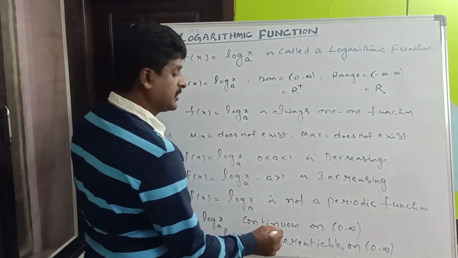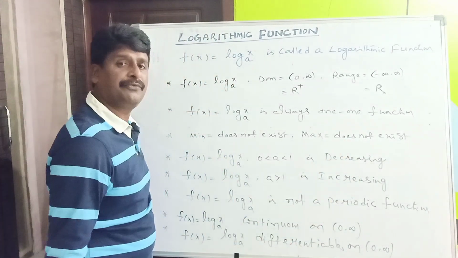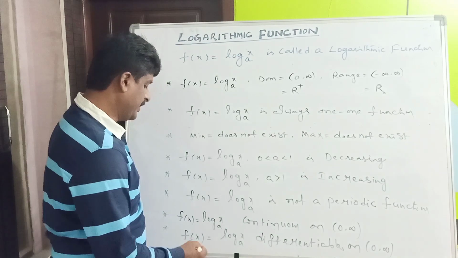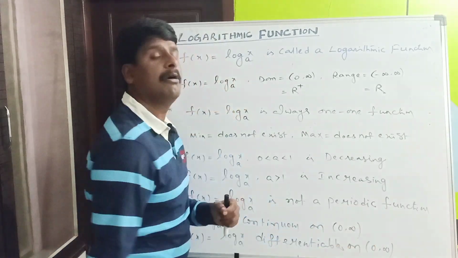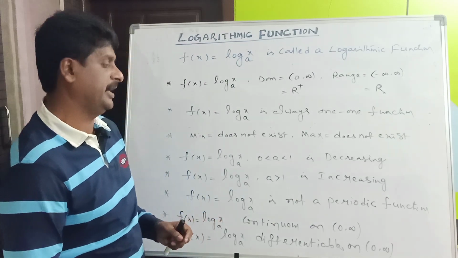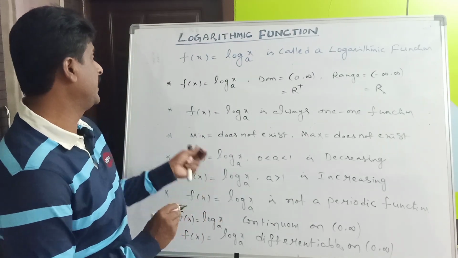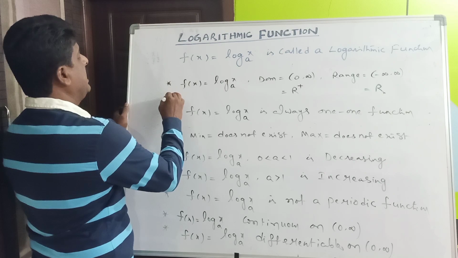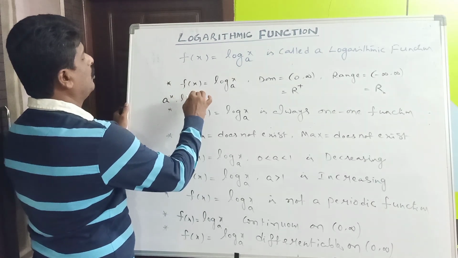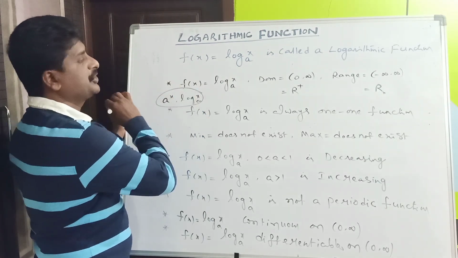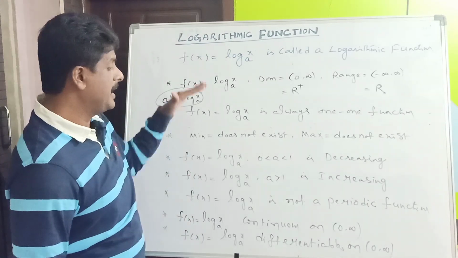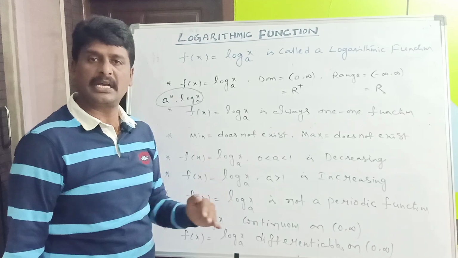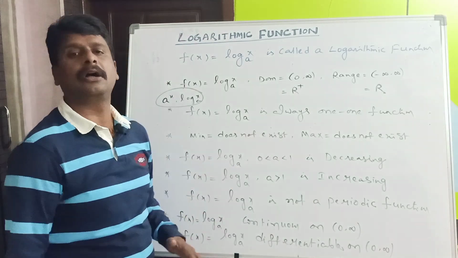That's why it is continuous at each and every point on its domain. f of x is equal to log x base a is differentiable on 0 to infinity, meaning on its domain. Also, a power x and log x base a are both inverse functions to each other. So these are the properties of the logarithmic function and its graph.